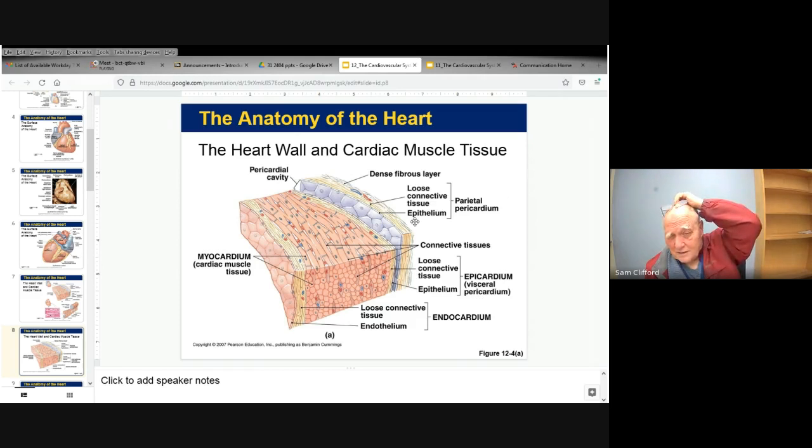The outside, the parietal pericardium, is made up of a fibrous layer and connective tissue. The epithelium lines the inner wall of the parietal pericardium, and the epicardium is the cells that line the outer surface of the heart.